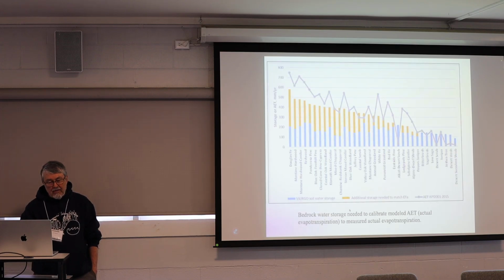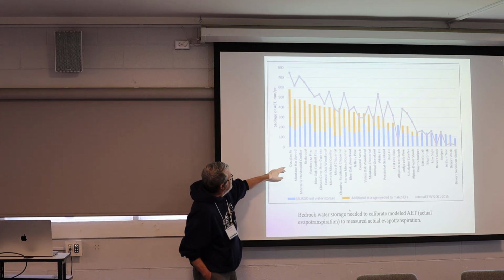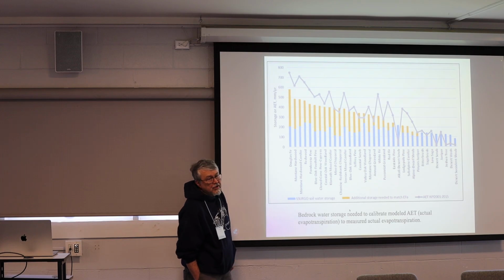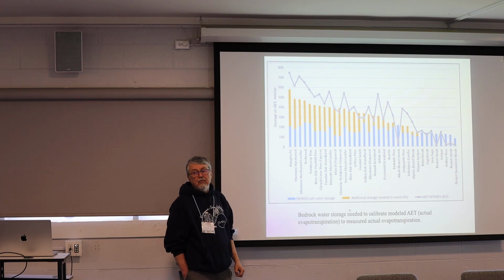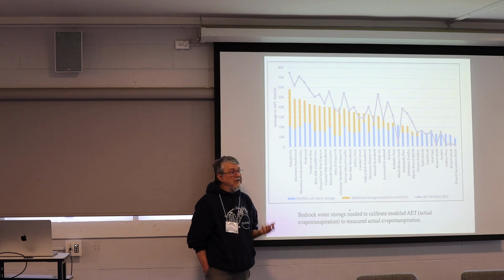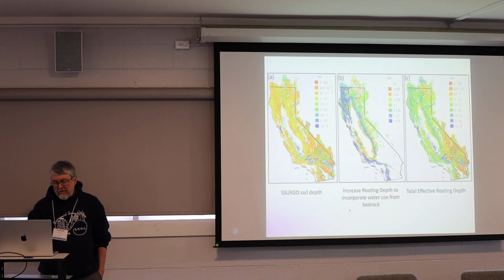So this is just showing that for many of the different veg types, and Doug fir was our biggest modification, how much additional effective rooting volume we had to add to account for the amount of ET that the Reitz data was telling us was occurring. So once we had done that, I was quite pleased that it did a number of things.